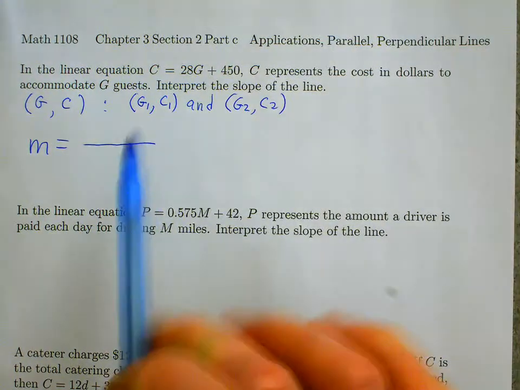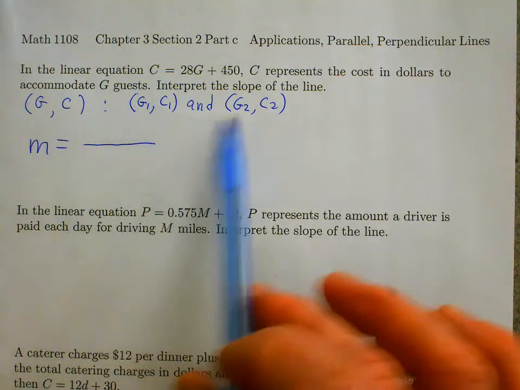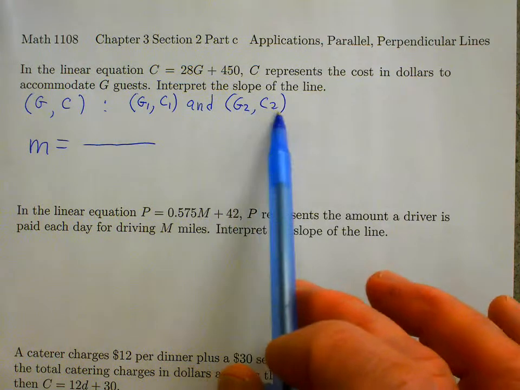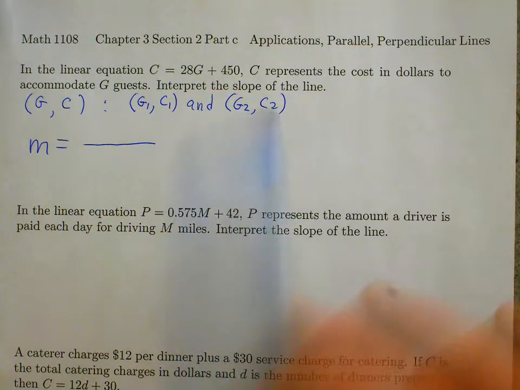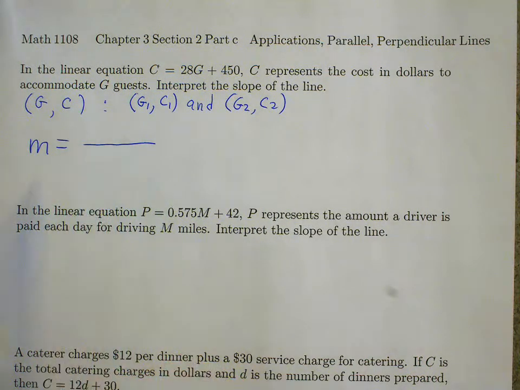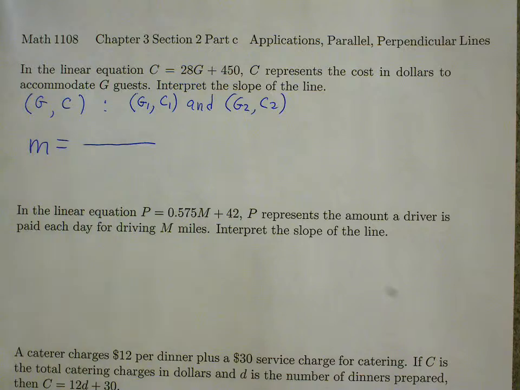Instead of x1, y1, we have g1, c1, and instead of x2, y2, we have g2, c2. So we'll just mimic the slope formula in the variables x and y. So what should I write in the numerator, and then what should I write in the denominator?